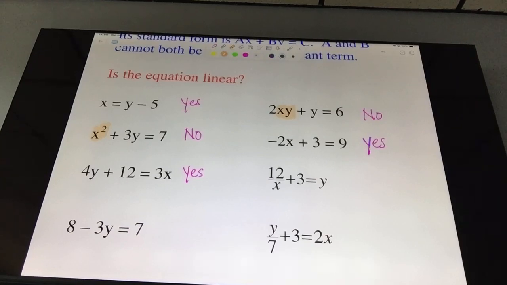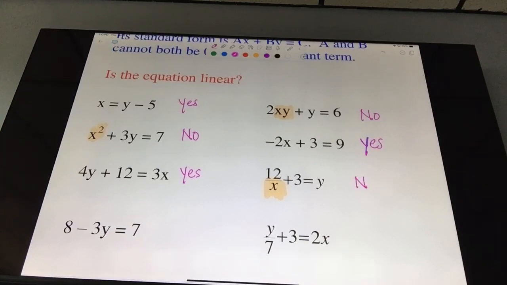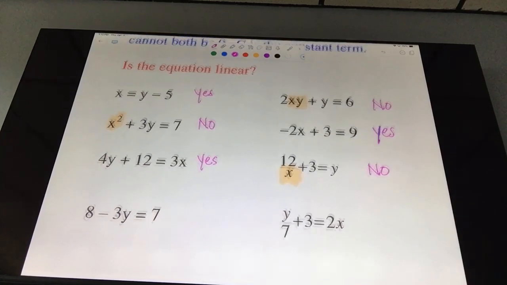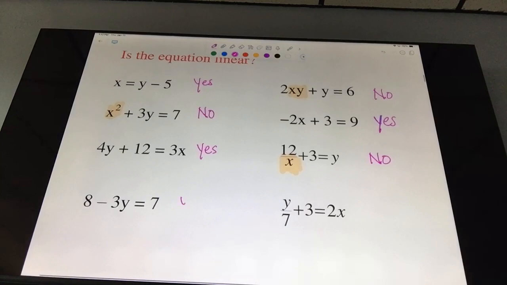Next example, there's a quotient of a variable. A quotient means I can't divide by a variable, so this one is a no. The next one just has a y, but no exponents, no products, no quotients. So yes.